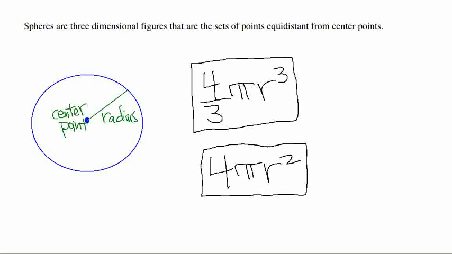Okay, now I'd like to outline how you can derive these two formulas. Now, the derivation I'm about to show you is not so important as memorizing these two equations. Okay? Nevertheless, I'll go through it.